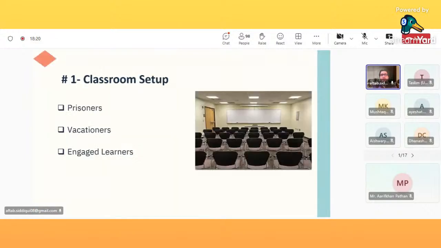Now, the very first thing is the classroom setup. Every college student or school student, if you categorize them, falls into 3 categories. Some students are prisoners, some are vacationers, and some are engaged learners.